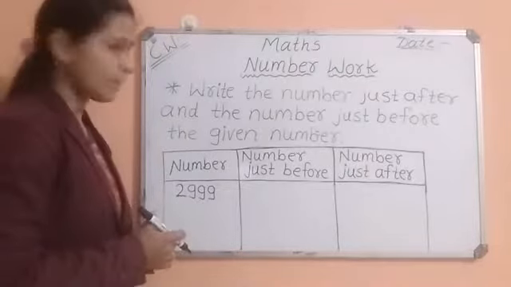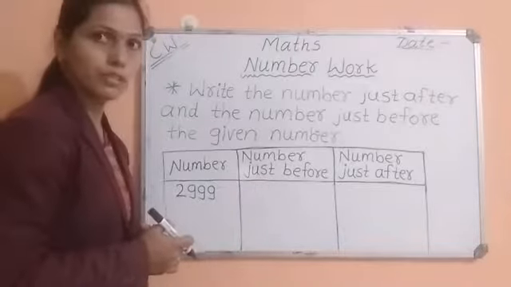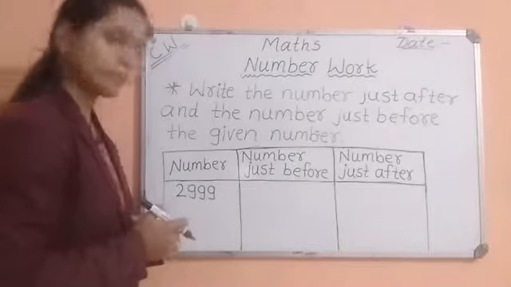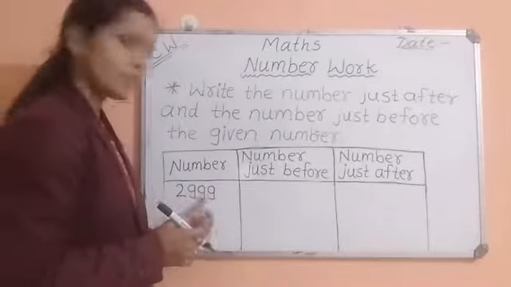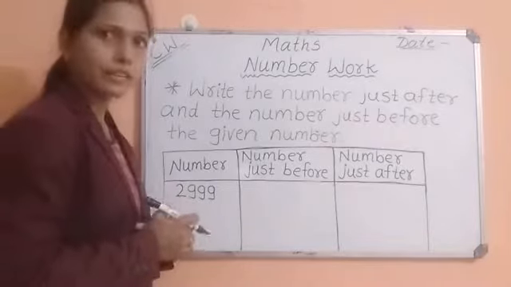Now see what number is given: 2999. Now we have to write the number just before. Just now I took an example, 1999.